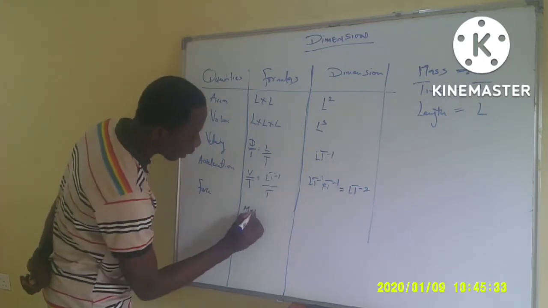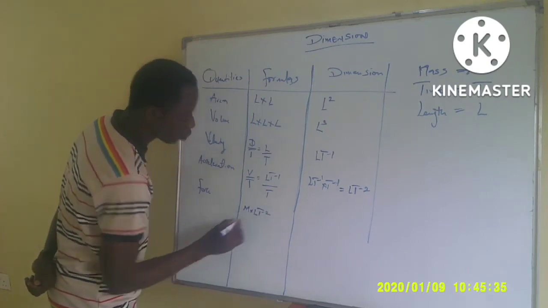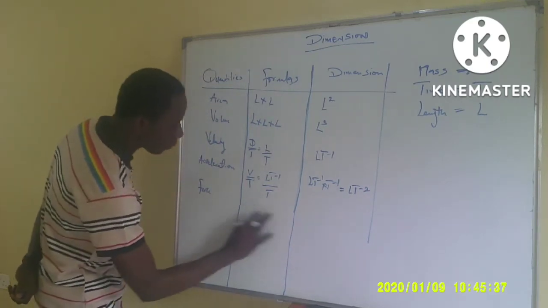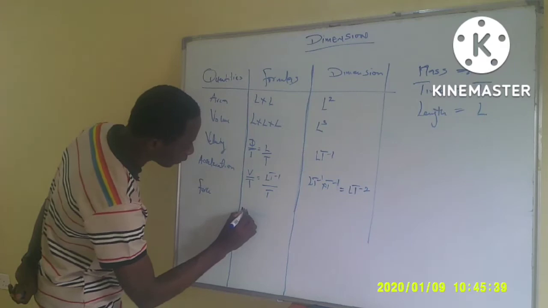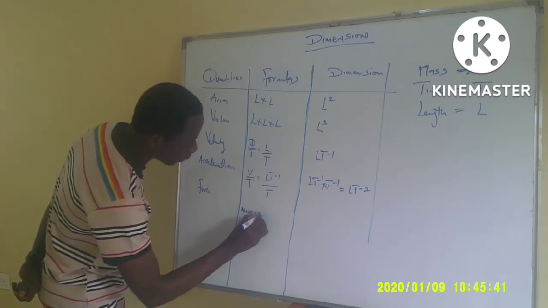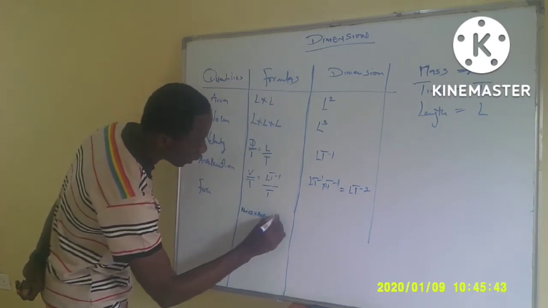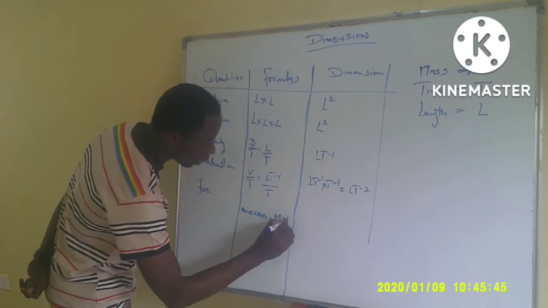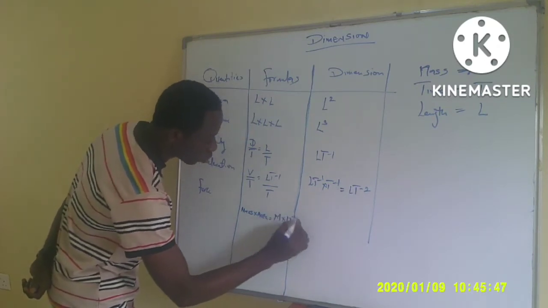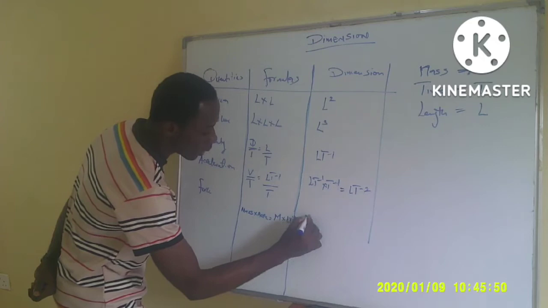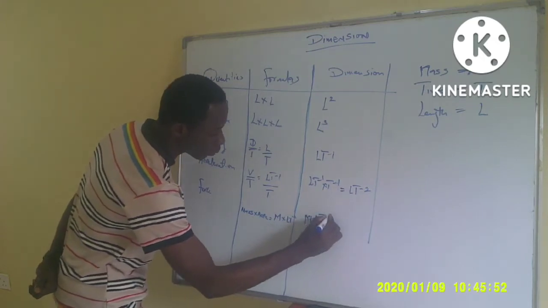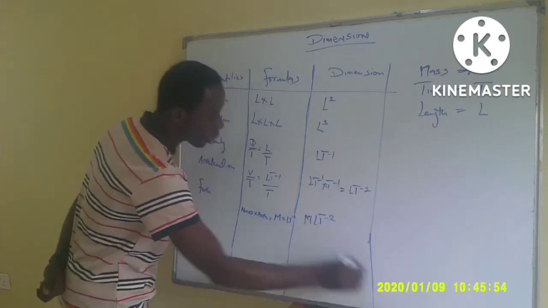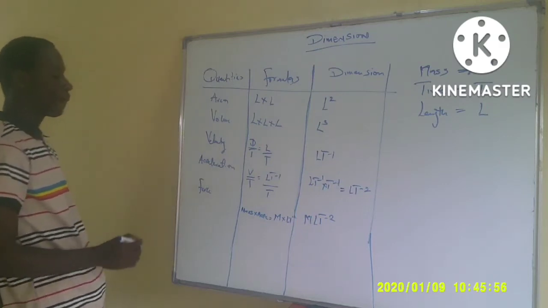Acceleration is LT^-2. Let me write it in full: mass times acceleration, which is M times LT^-2. So at the end the dimension is going to be MLT^-2. That's the dimension of force.